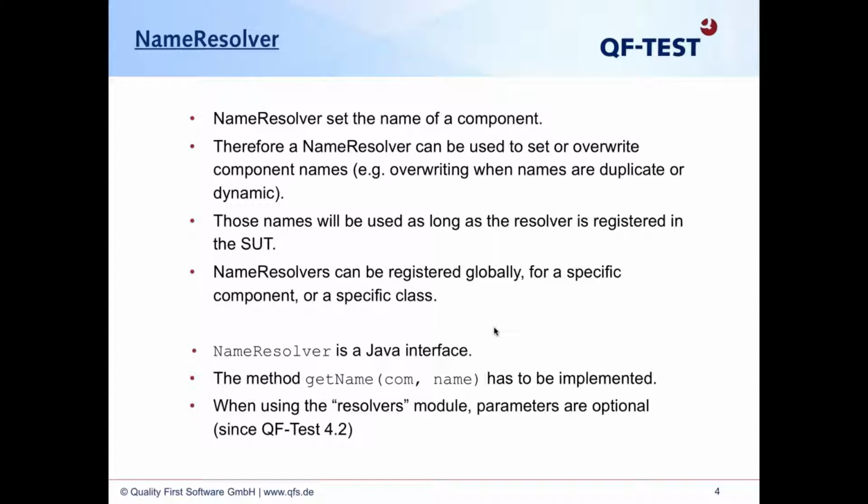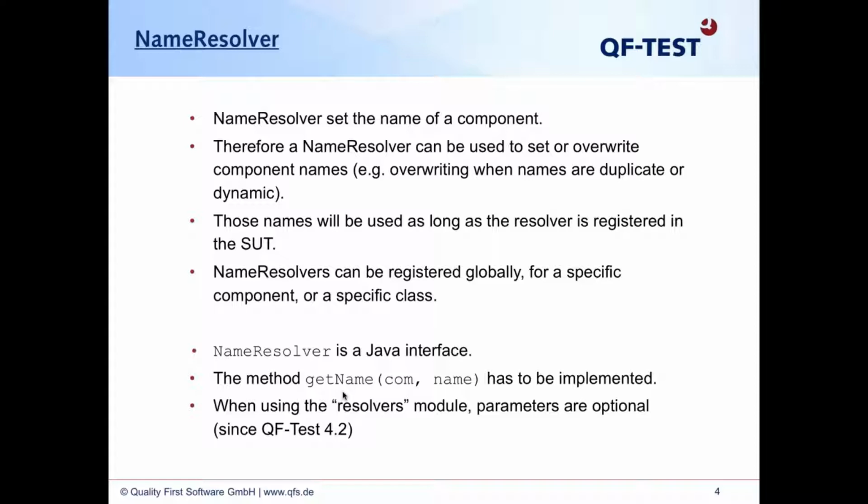The NameResolver is written in a SUT script, where you write a method which is normally called getName, and which gets the component for which QF-Test wants a name as the first parameter, and then the name which QF-Test proposes as default, where the default algorithm of QF-Test extracted the name, as the second parameter.